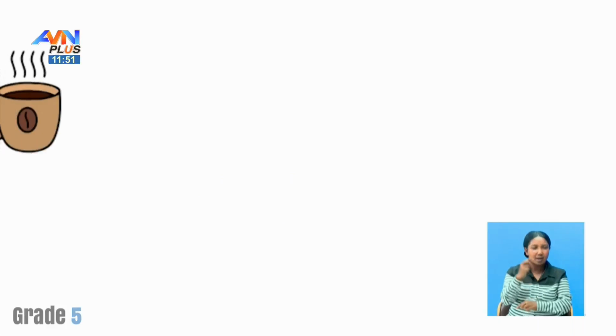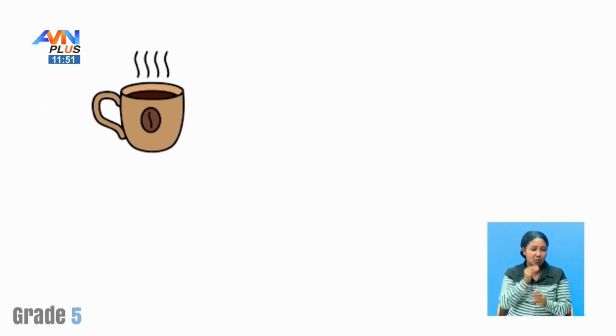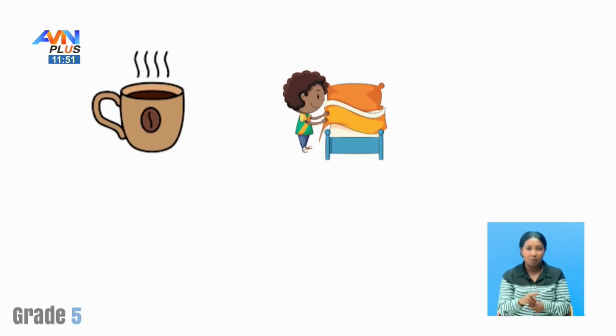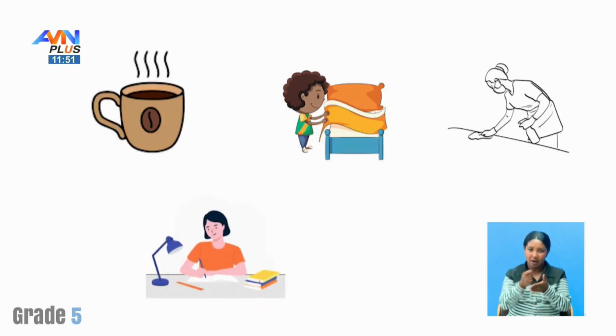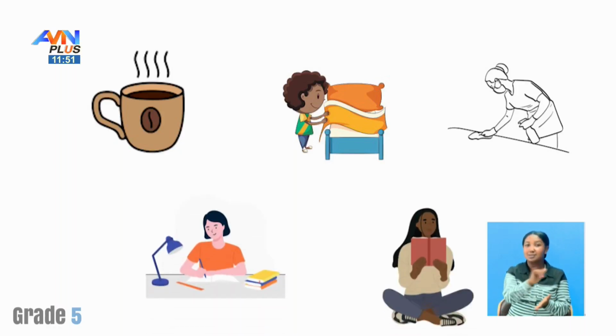Is it clear? Daily routines mean the activity which we do daily, just like making coffee, making bed, cleaning house, maybe writing, reading, and such kinds of activities can be considered as habitual actions. Especially when we say habitual action, we mean the activity which is directly connected with our habits.